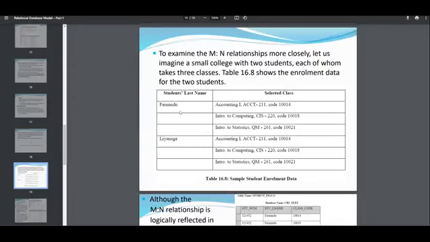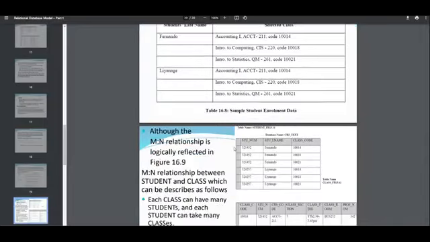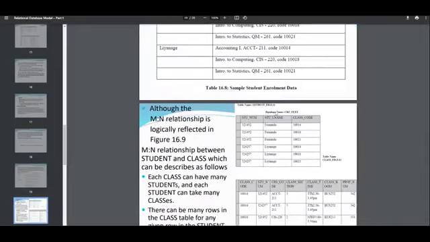According to the given examples, Fernando has selected classes, and Lienage. After that, student name, the database name. So here is the student table, right? Fernando and Lienage's records can be seen here.